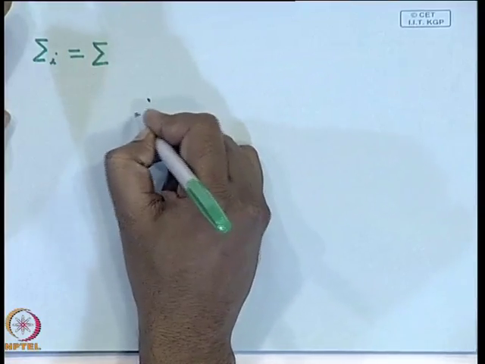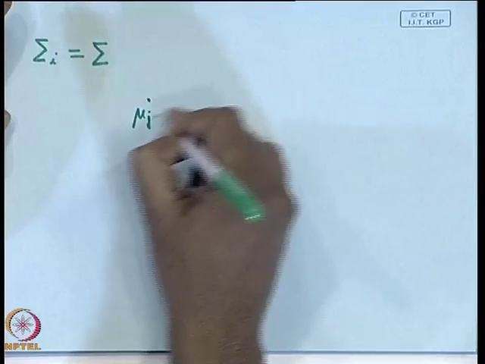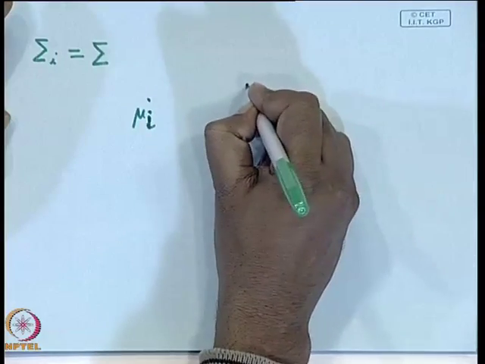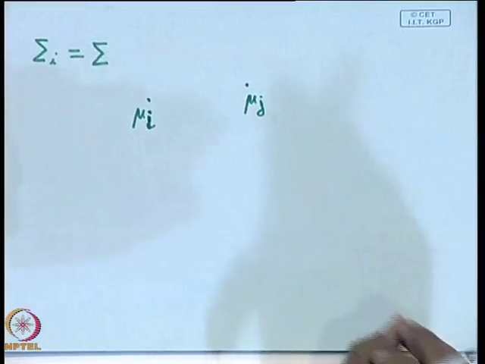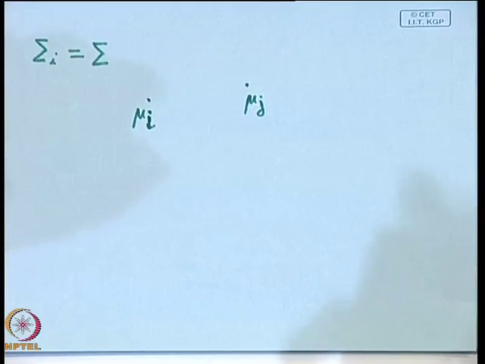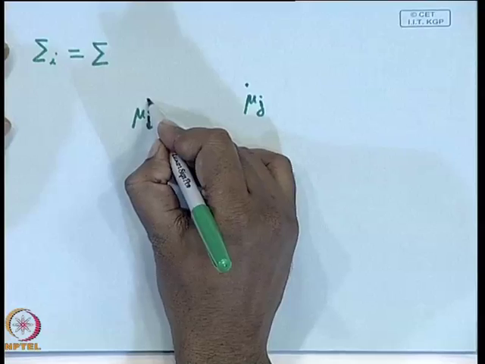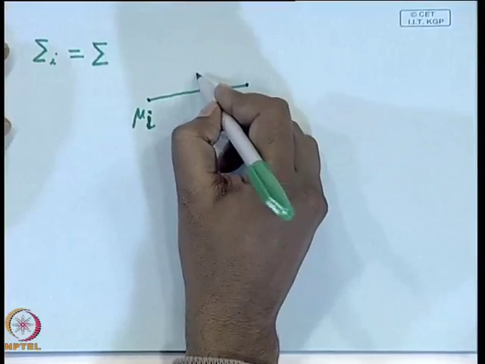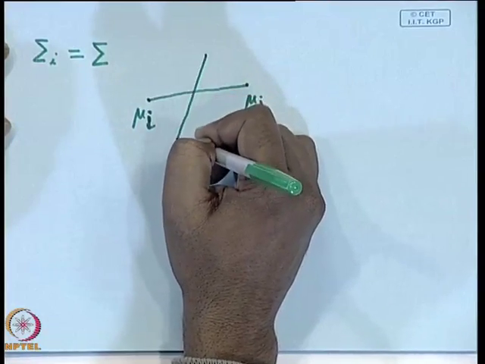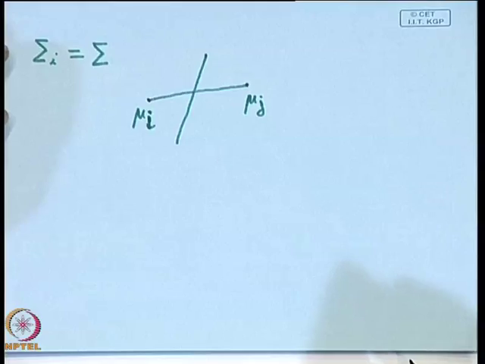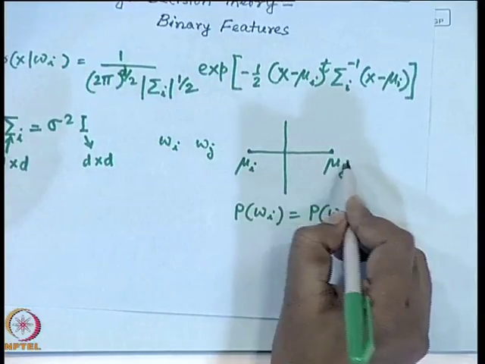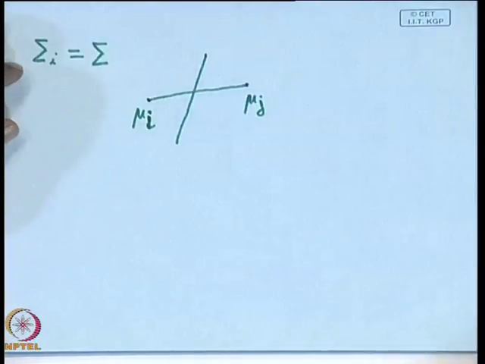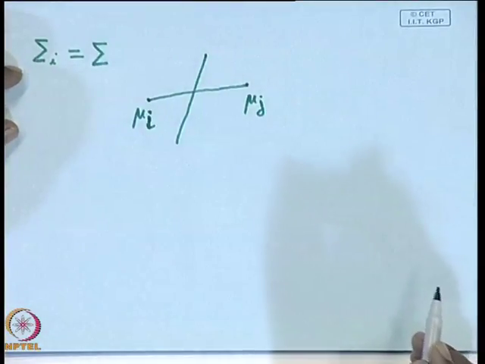So, here again, this is mu I and this is mu j, which are the centers of the two classes omega I and omega j, then the decision surface between these two classes will be something like this. In the previous case, it was orthogonal to the line joining mu I and mu j. In this case, in general, it is not orthogonal.